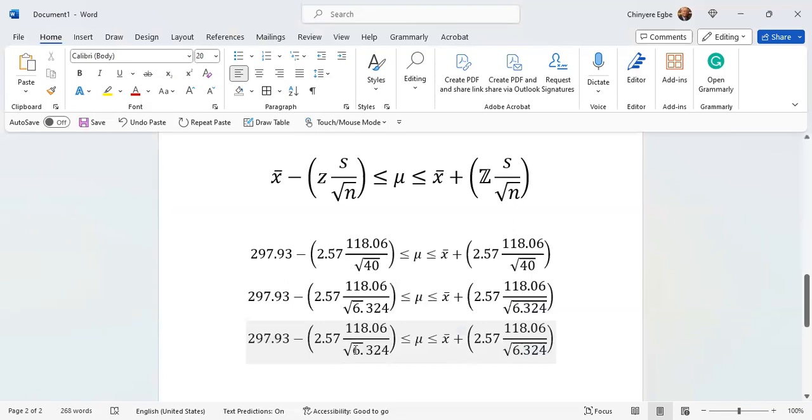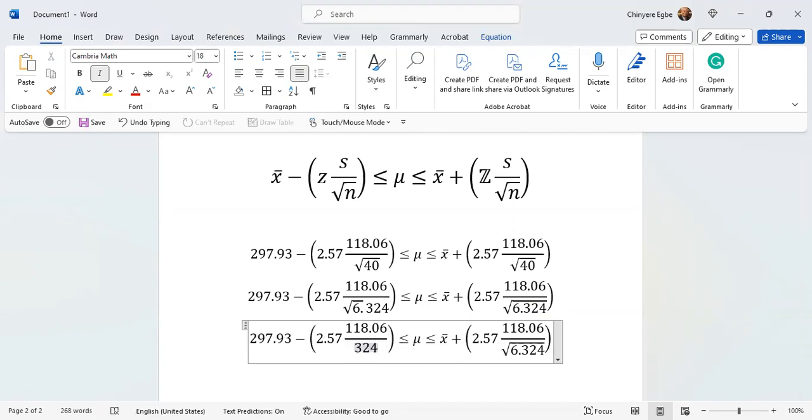We have to take the square root out. So 118 divided by 6.324 is what? 18.668. Okay.